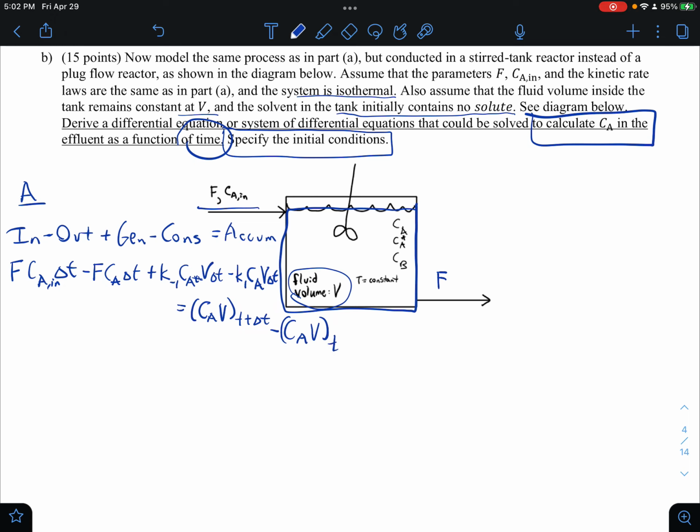So I need to turn this into a differential equation. What I'm going to do is divide through by delta T and then take the limit as delta T goes to 0.